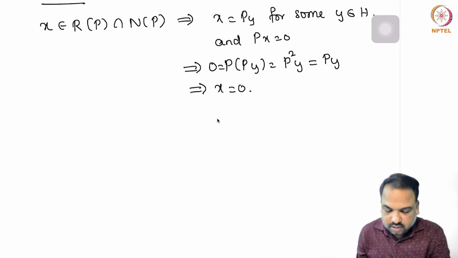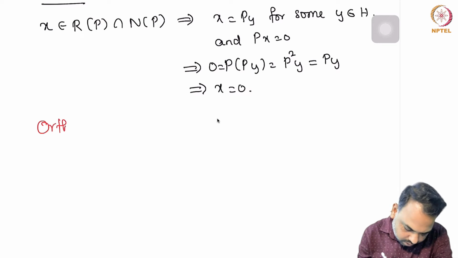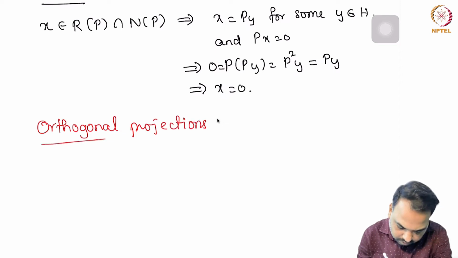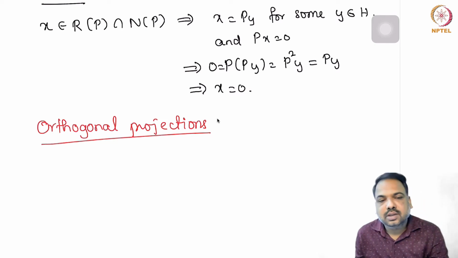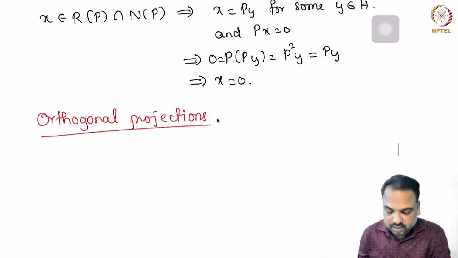Next we discuss orthogonal projections. A projection is said to be orthogonal if the null space and the range space are orthogonal to each other.